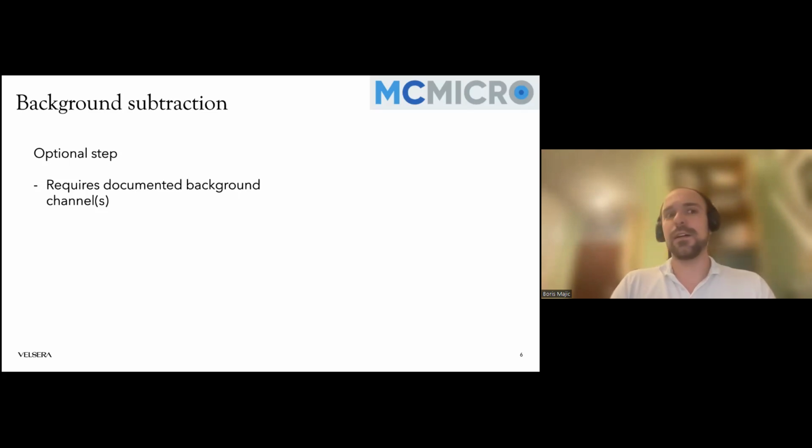So removing background requires additional preparation of the channel marker file, where you will highlight the background channels. All of this is described in the description of the workflow on CGC, or you can find the same information on the MCMICRO homepage.